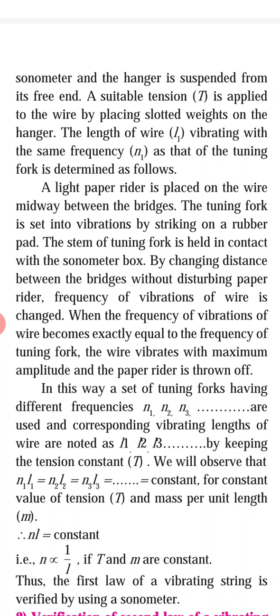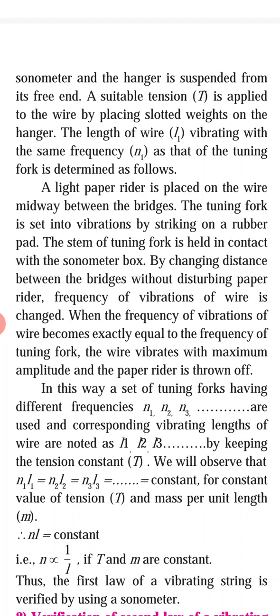In this way, a set of tuning forks having different frequencies, that is N1, N2, N3 and so on, are used. Corresponding vibrating lengths of wire are noted as L1, L2 and L3 by keeping the tension T constant.